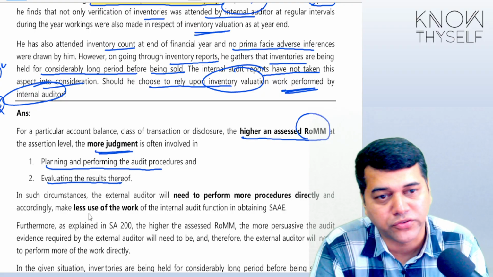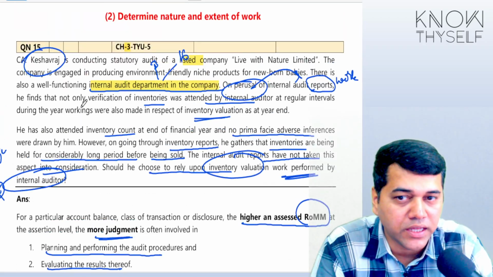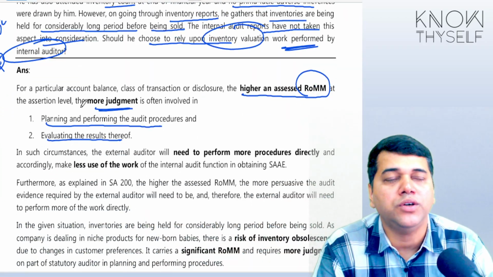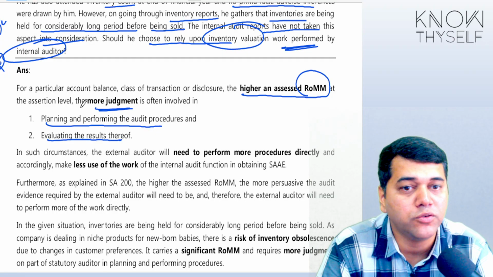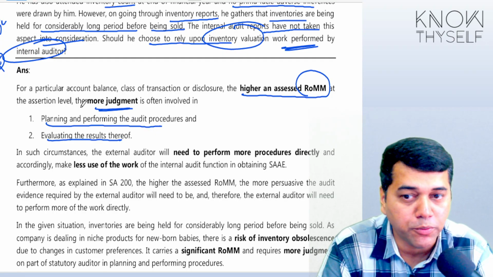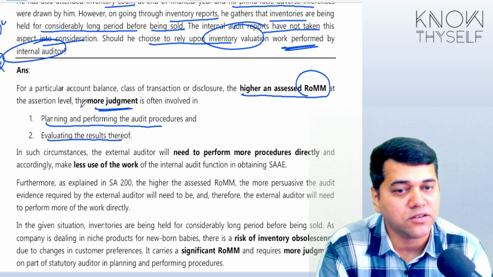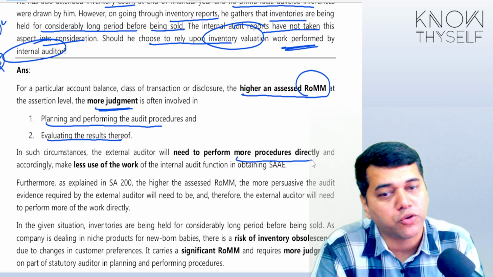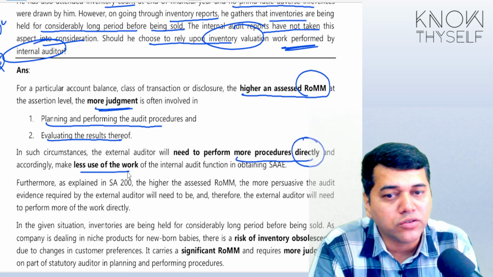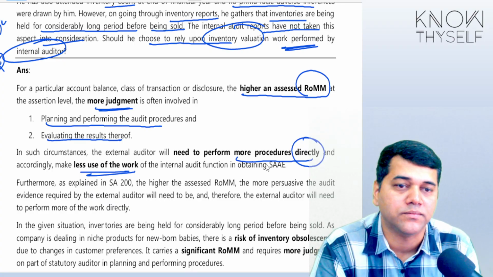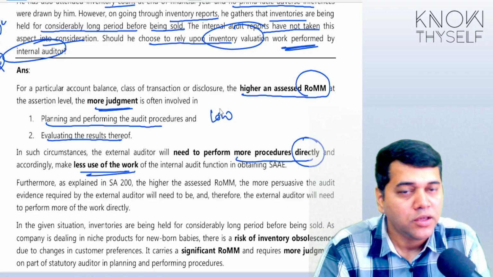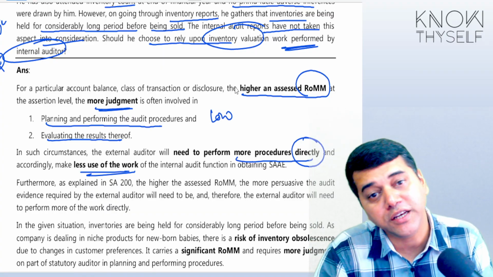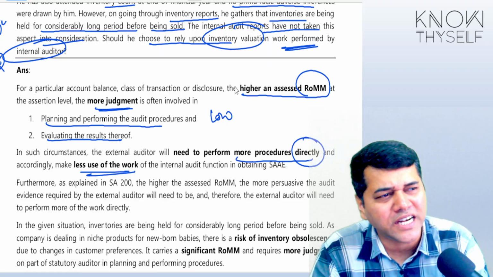That means the moment you sense the ROMM is very high, you may have to take more judgments now, because impairment of inventory can come into the picture. In such cases, the auditor needs to perform more of the procedures directly and use less of the work of the internal audit. If the judgment was low, he could have used the work of the internal auditor even in inventory valuation, because it is straightforward.